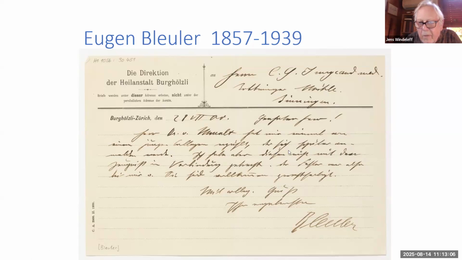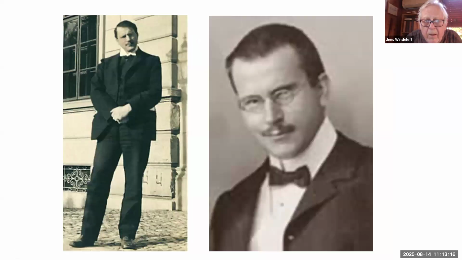I mention some of his surroundings because it's very clear that Jung developed in a dialogue with his surroundings. Here we have him as a very young doctor. He was very tall, 1 meter 90 centimeters, I think.